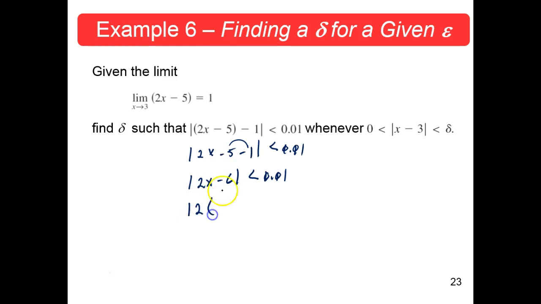Take out a 2, and that leaves you with x minus 3, and that's less than 0.01. I can pull that 2 outside the absolute value bars because it's positive, right? So 2 times the absolute value of x minus 3. The x minus 3 may still be negative, so I can't pull it out.